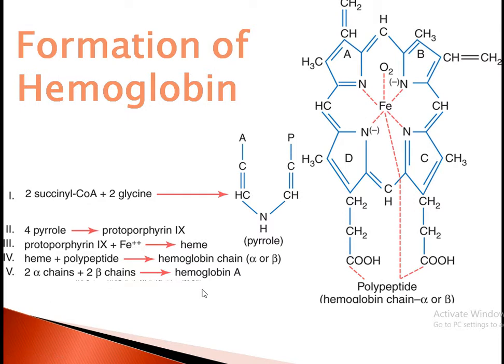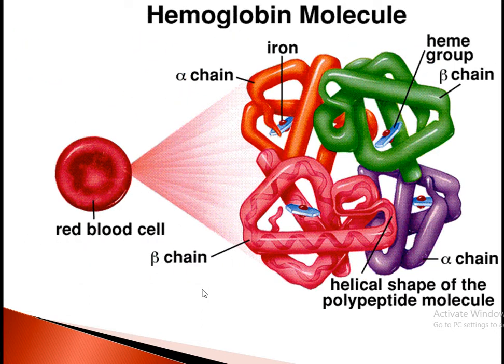Now I am saying the adult hemoglobin. Why am I using this word? Because we have different types of hemoglobin molecules at different developmental stages. In this picture you can see the alpha chains and the beta chains.